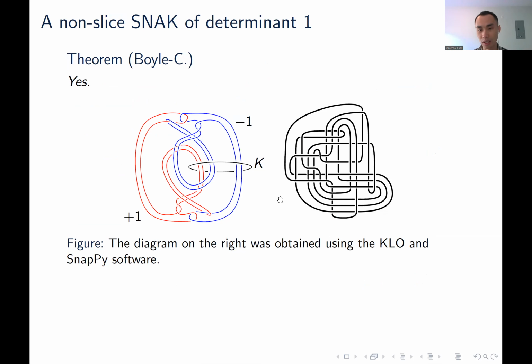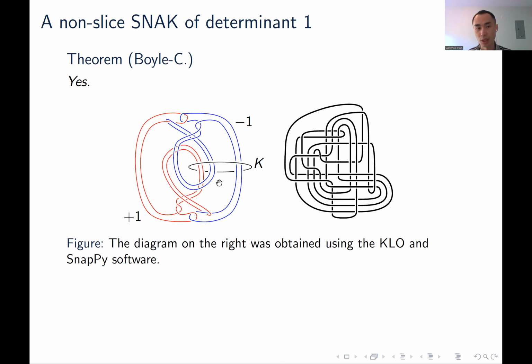So in the beginning, we were looking at diagrams of this form on the left. This is called a symmetric surgery diagram for a snack. You can see there's an obvious symmetry on the surgery diagram. One of the good things about working with such a surgery diagram is that you can look at the infinite cyclic cover of this diagram, and in there you will have a surgery representation of the infinite cyclic cover.